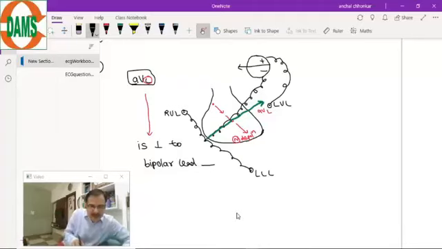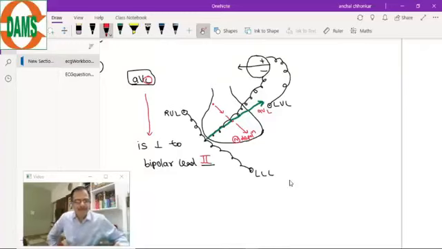Yes, it will be lead 2. It will be perpendicular to lead 2. You can see it is perpendicular to the line joining the right upper limb and left lower leg, and that line is known as lead 2.